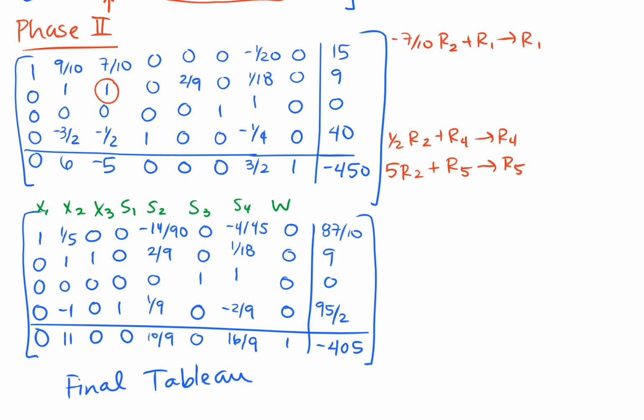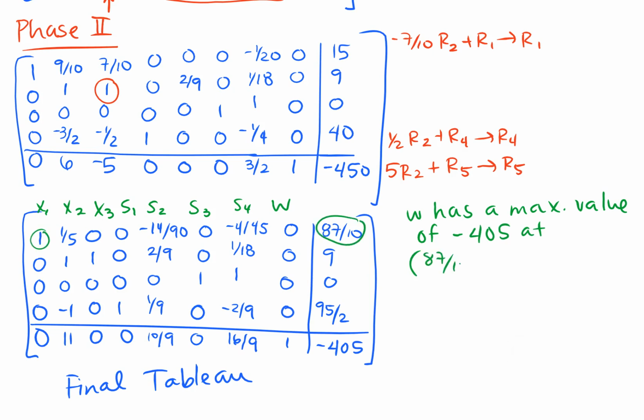So we can say that w has a maximum value of negative 405 at the point, and let's see, x1 would be 87 over 10, x2 would be 0 because it's not a unit column, x3 is a unit column, so x3 would be 9.